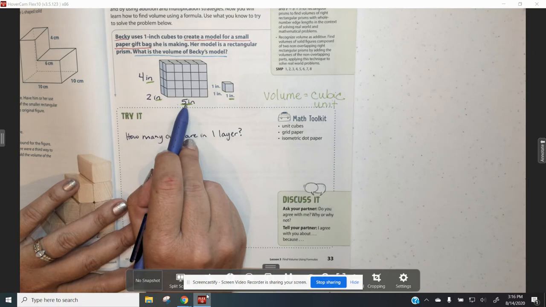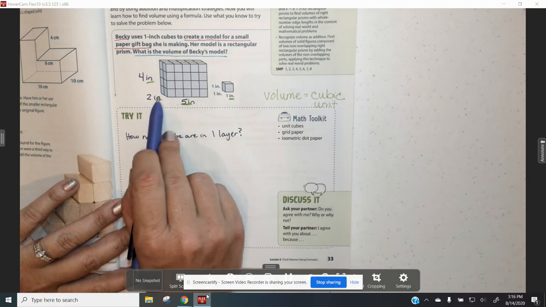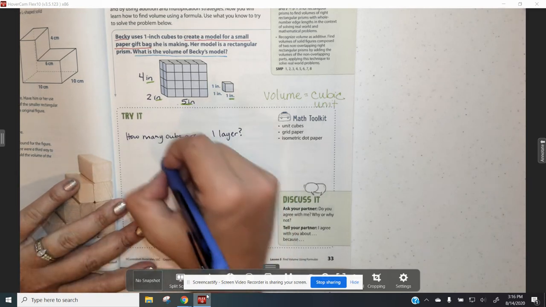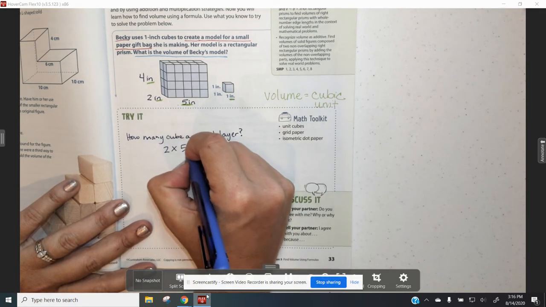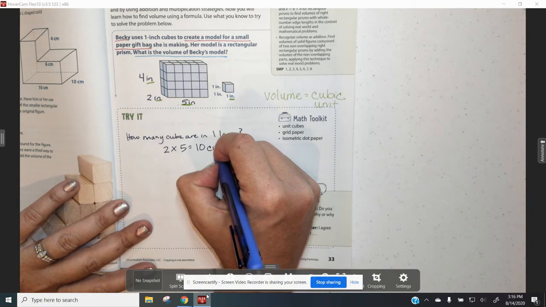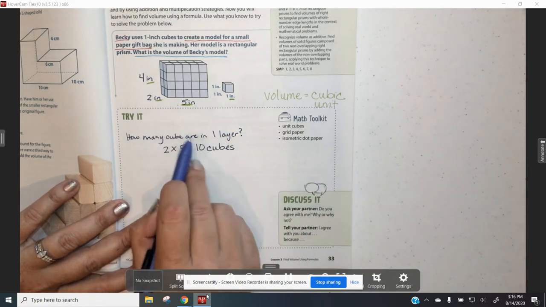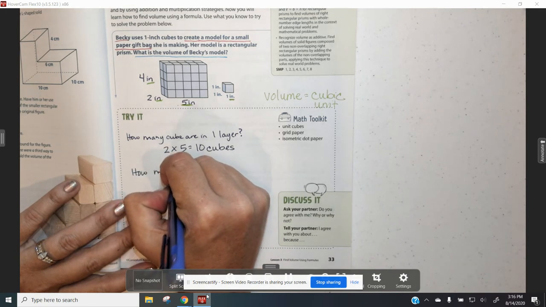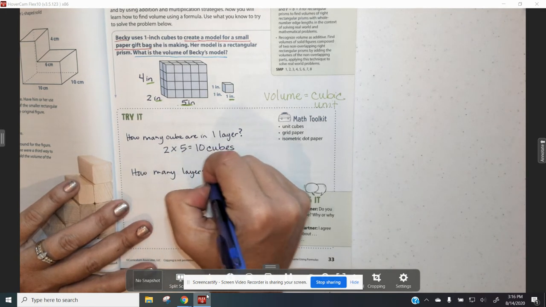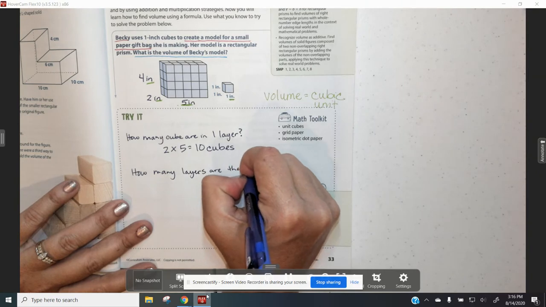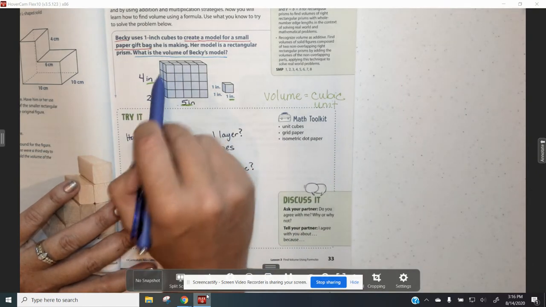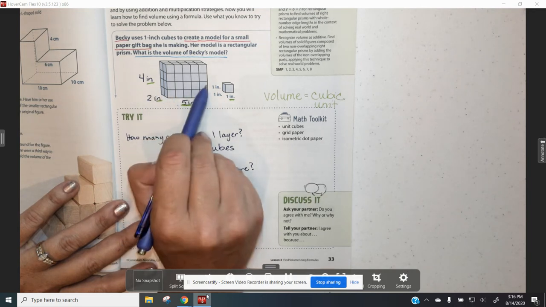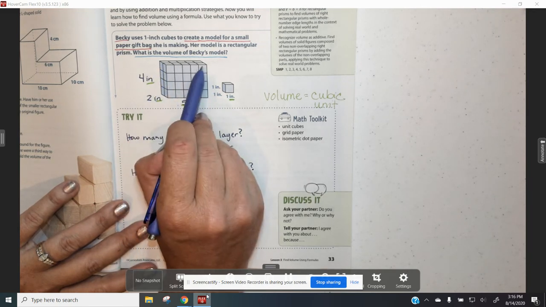To do that, I'm going to multiply my length times my width to tell me how many cubes are in one layer. 2 times 5 equals 10 cubes. Then I'm going to find out how many layers are there. To do this, I'm going to count how many layers I have. I have 1 layer, 2 layers, 3 layers, 4 layers.